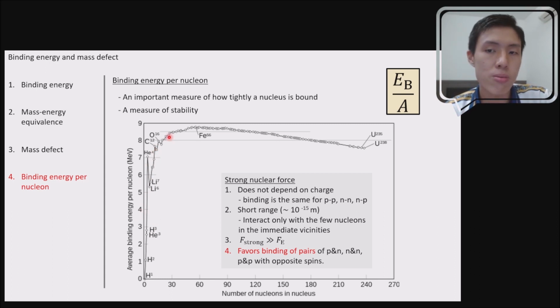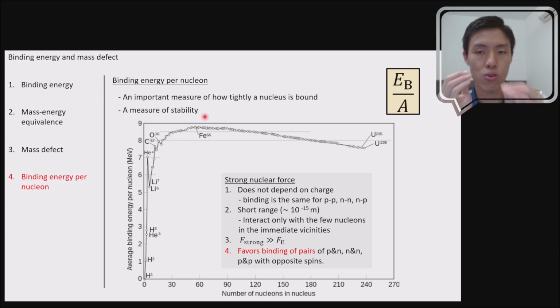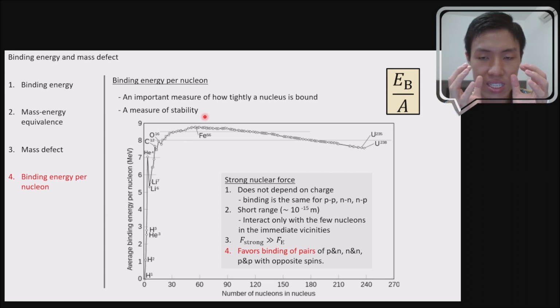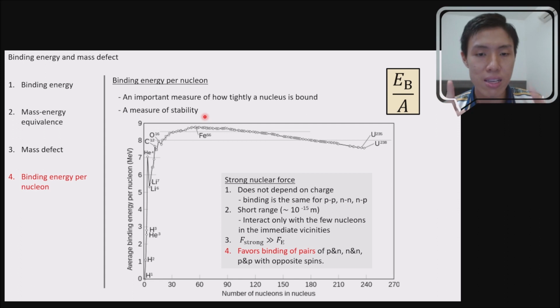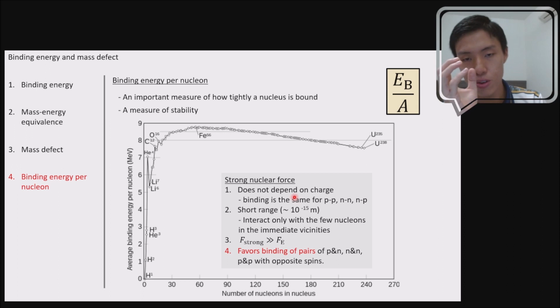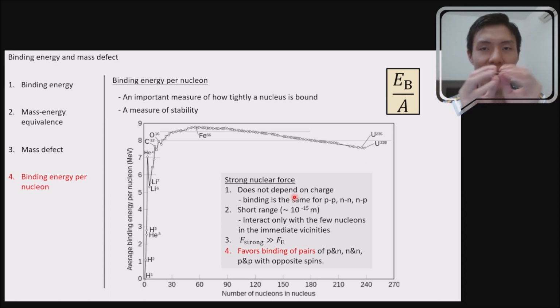Okay, but the problem is when you enter this range over here, your nucleus has already reached a certain size, near the limit of what the strong force can interact with. You are near the end of things, where the left-hand side can still interact with the right-hand side, and the bottom can still interact with the top of the nucleus, but that's about it.